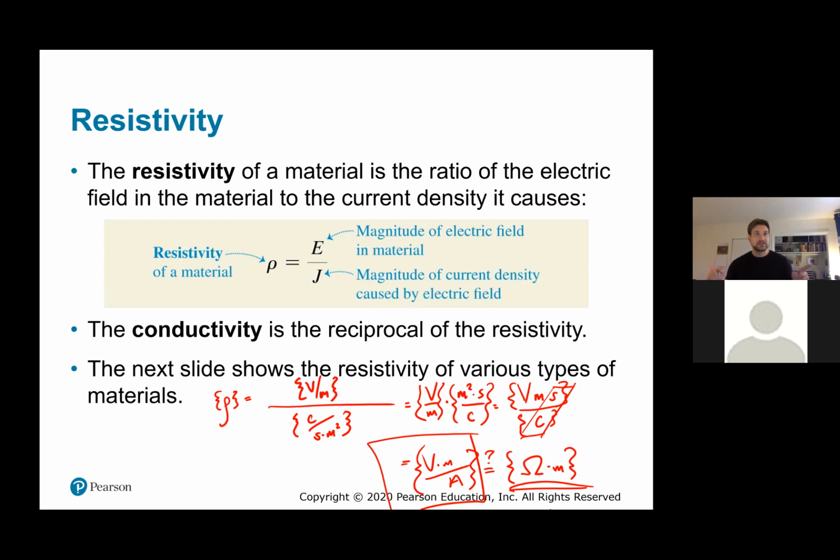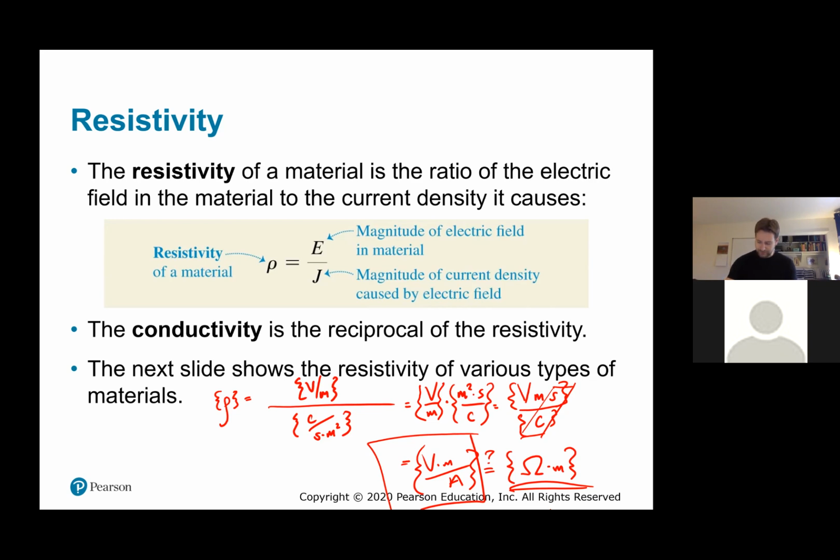Volts, it's electric potential difference. It's related to energy. Energy per unit charge. And amps is charge moving through per time. So this is interesting.